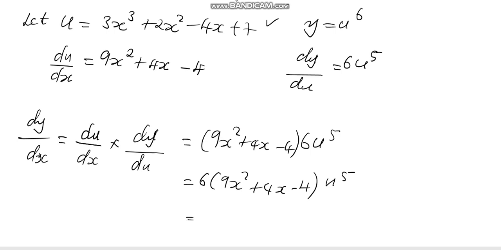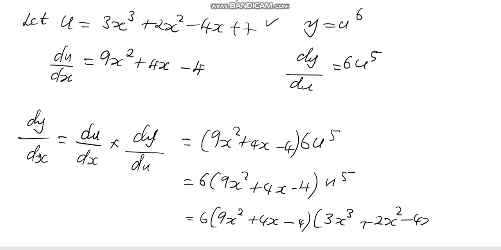We have 6 open brackets 9x squared plus 4x minus 4. Then what is u? We put this function here, 3x to the power 3 plus 2x squared minus 4x plus 7, to the power 5. This here is the derivative of that given function.